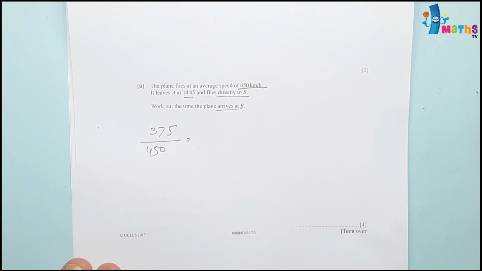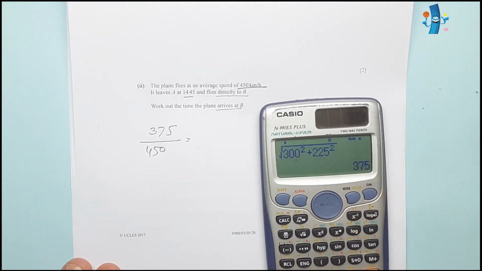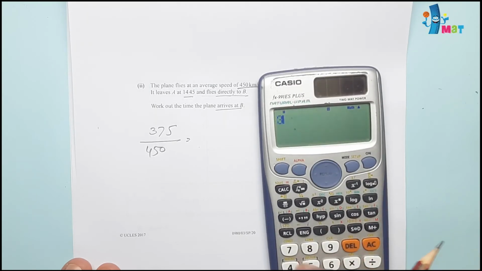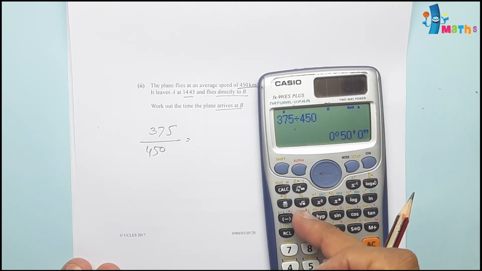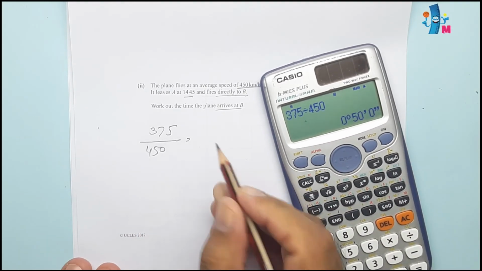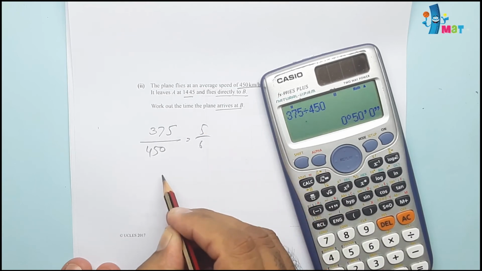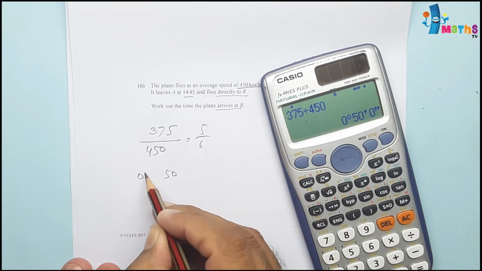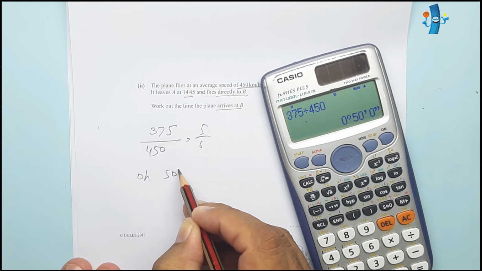So 375 divided by 450 will be equal to 5 by 6, and if we press this time button, it shows us that it will be 50 minutes. So we can write 5 by 6, which is 0 hours and 50 minutes.